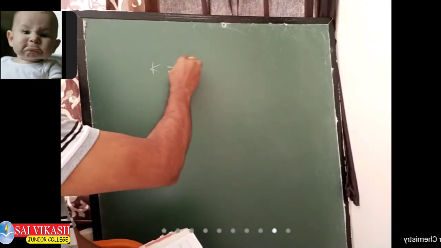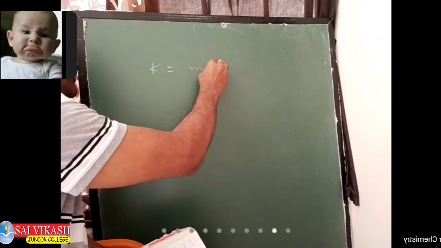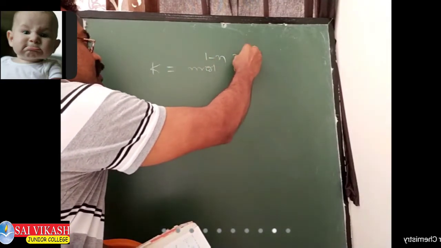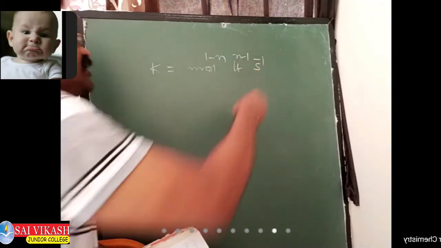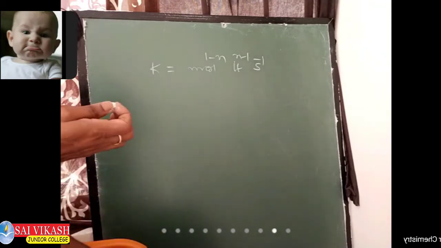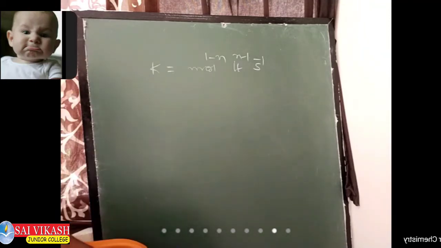K equal to mole power 1 minus n, liter power n minus 1, second inverse. So this is the unit of K, the general formula. It depends on the order of reaction n.